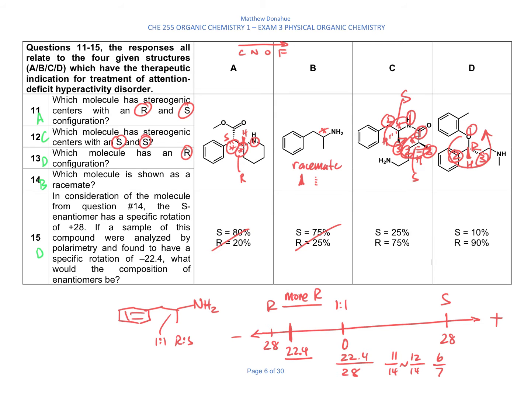So what does this number tell you? What is basically the percent EE? So of the 75% of R, 25 of that is taken away by the S. So that's basically telling you that there's a 50% excess of the R. And so 50% of 28 would be approximately -14.